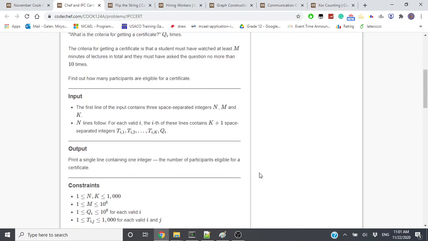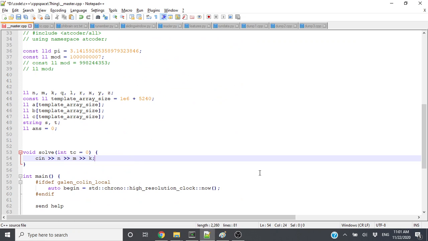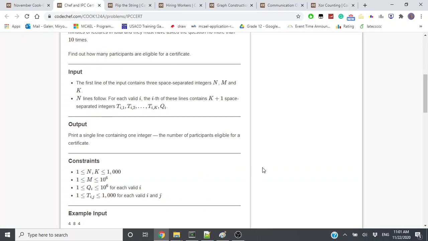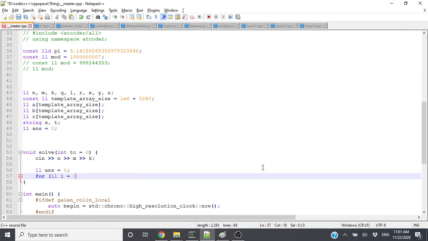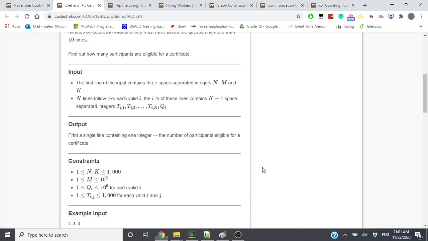How does this work? So it's N, M, K. Then we don't have multi-tests.